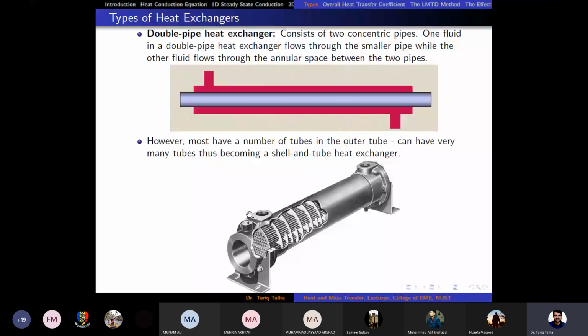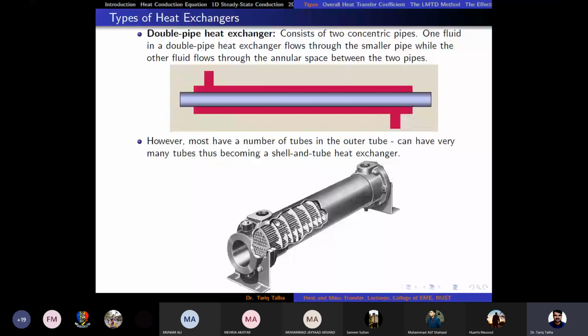So baffles have basically two functions. One is to support these smaller tubes, and the second one is to make the flow which is going through this bigger shell take turns, like it would go this way, zigzag motion.